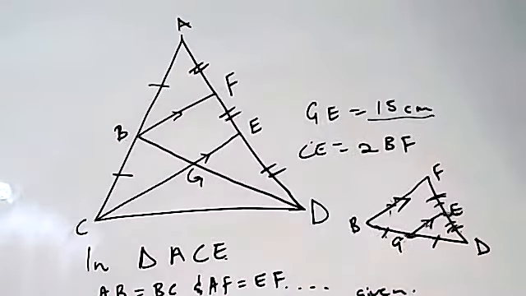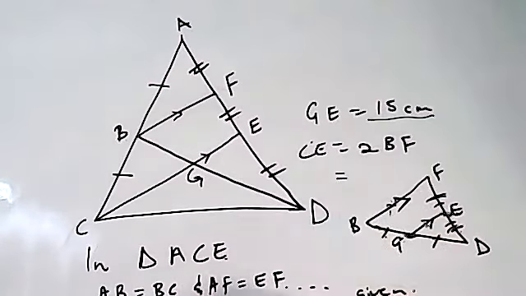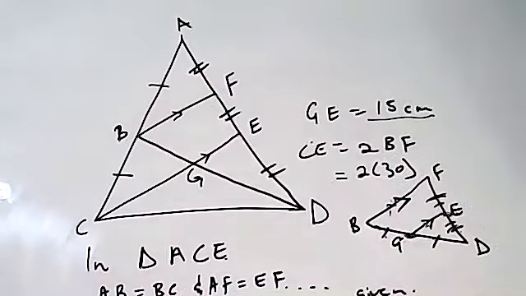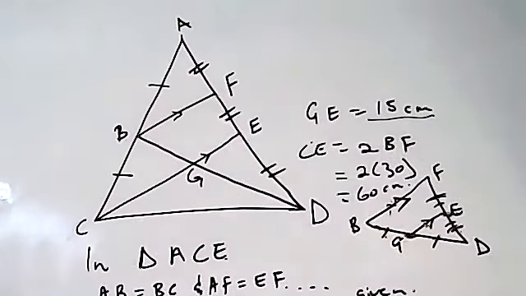Do you agree? Yes, sir. And we know that BF is 30 centimeters. So you're going to say 2 multiplied by 30. So our CE is actually 60 centimeters. Does it make sense?